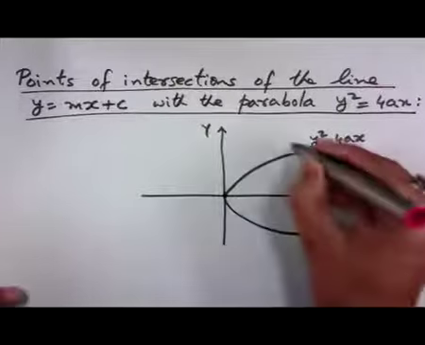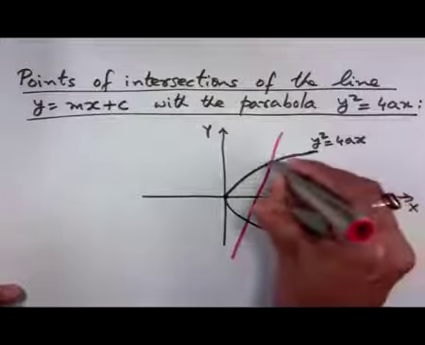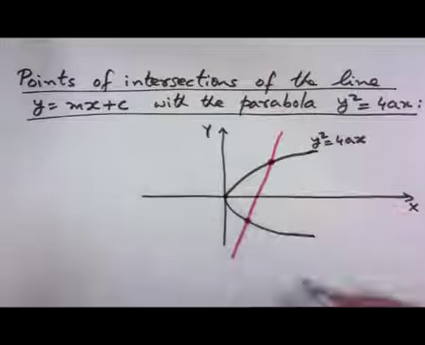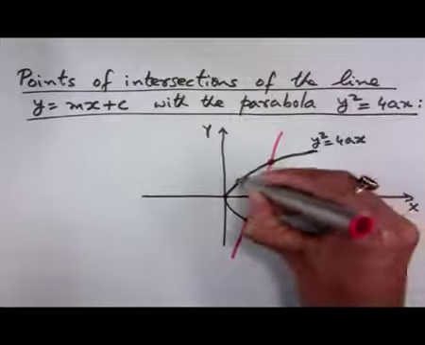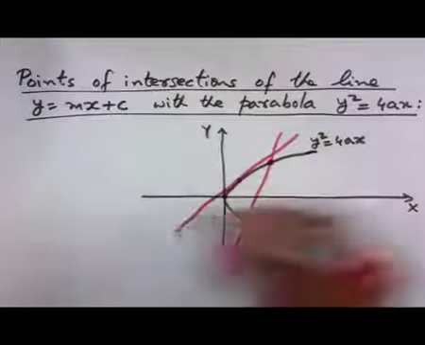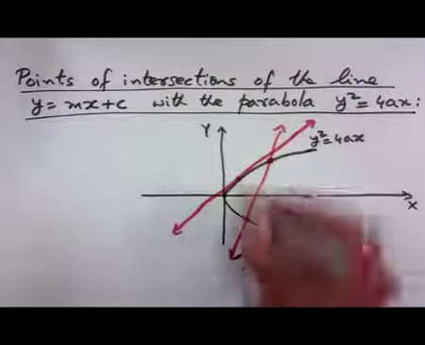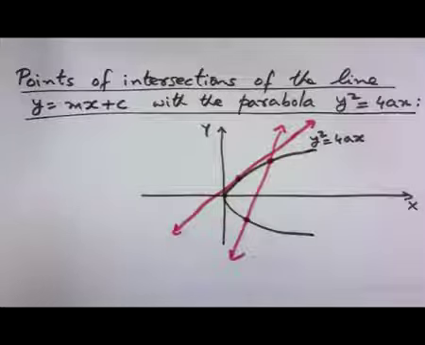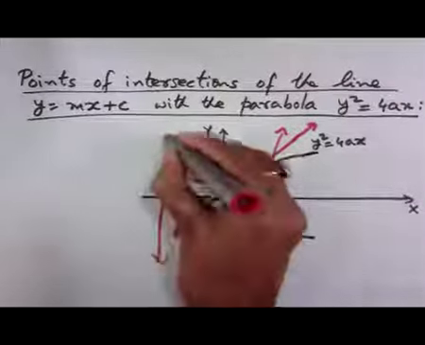We can have this line intersecting the parabola in 2 points, or we can have the line which intersects the parabola in only 1 point, in which case this line is tangent to the parabola, or it can happen that the line does not intersect the parabola, for example this.